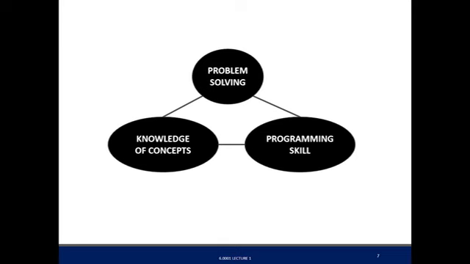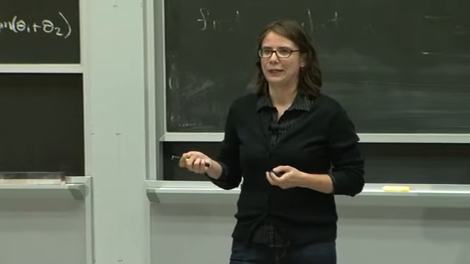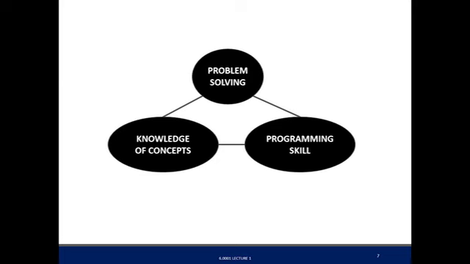Great, so this is pretty much a roadmap of all of 6100 or 600, as I've just explained it. There are three big things we want you to get out of this course. The first is knowledge of concepts, which is true of any class you'll take: the class teaches you something through lectures, and exams test how much you know. This is a class in programming, so the other thing we want you to get out of it is programming skills.